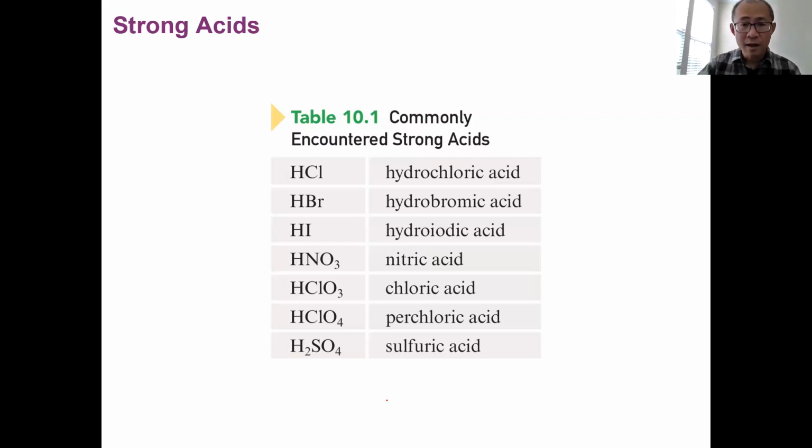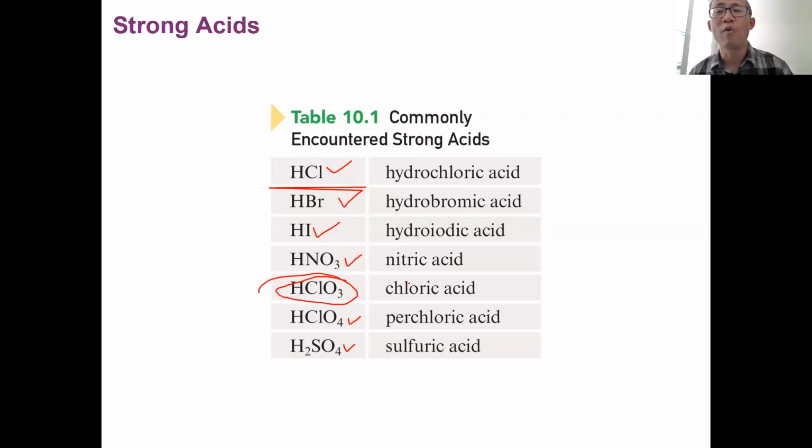They are hydrochloric acid, hydrobromic acid, hydroiodic acid, nitric acid, perchloric acid, and sulfuric acid. The only one with some ambiguity is chloric acid. Maybe your lab doesn't list this one, but your book does. Again, 6 or 7 strong acids. The other 6 are definitely strong acids.